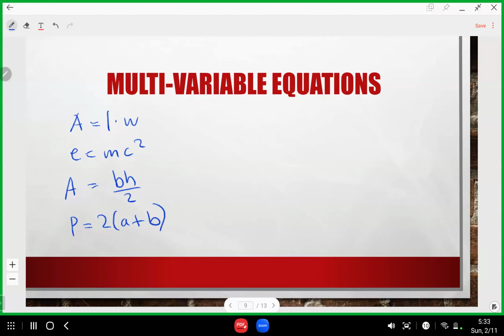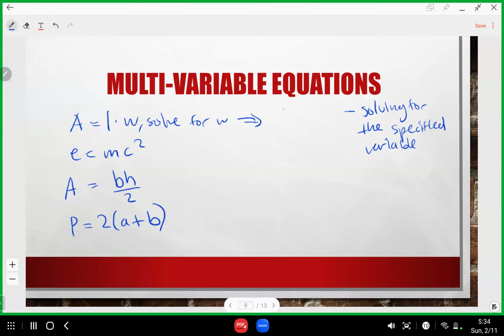Right. So when we're working with multivariable equations, the key point is you're solving for the specified variable, all right? You're basically doing the same thing as with linear equations, except this time you have multiple variables and you're solving for the specified variable. Let's say that you want to solve for w, okay?